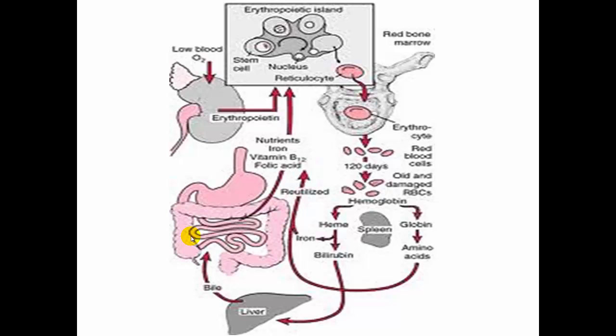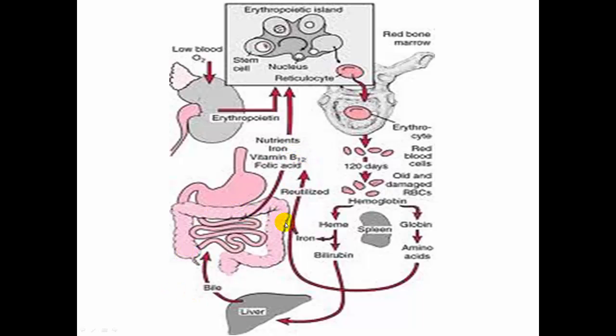And how do we know that? Because we can see it. It has a yellow color, and it's deposited in the skin, in the sclera, and that tells us that we have liver problems. So the bilirubin is not being broken down, and we see that as jaundice, or that yellow of the skin and eyes.